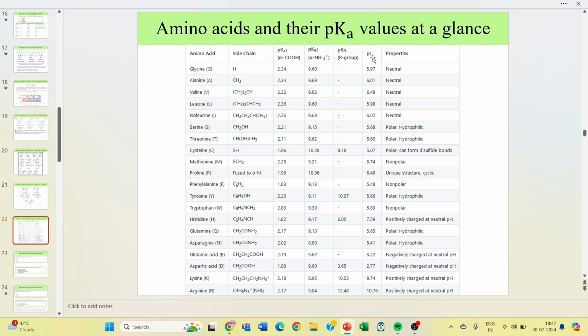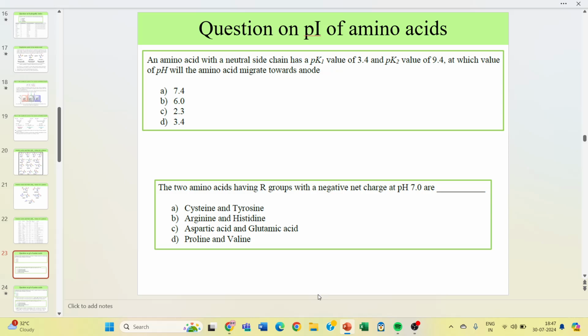So these are the isoelectric points of the amino acids, and from the isoelectric point you can tell whether the amino acid is neutral, positively charged or negatively charged at neutral pH. Neutral pH is around 6 to 8. This is how you can tell about the properties of the amino acids.